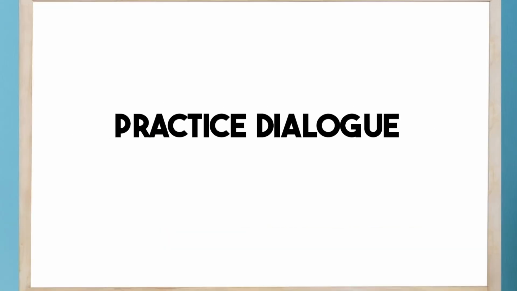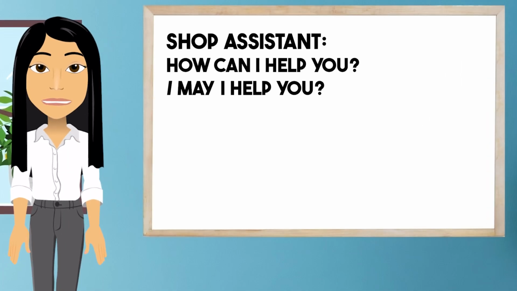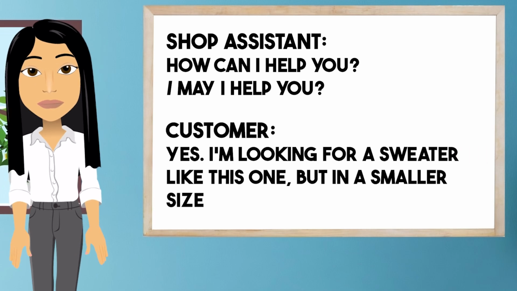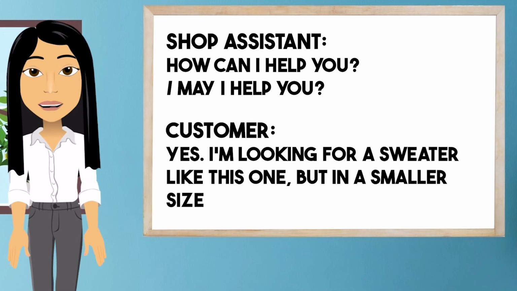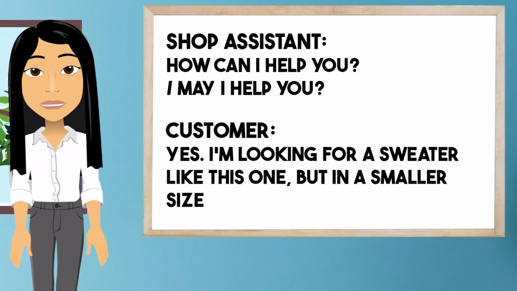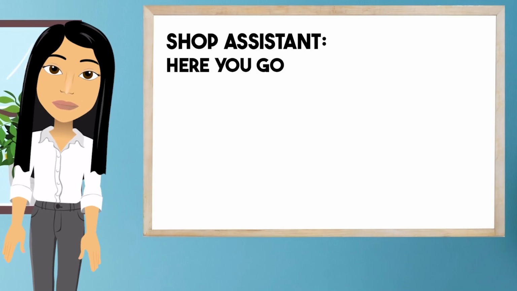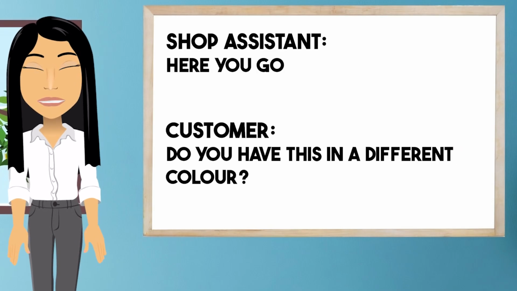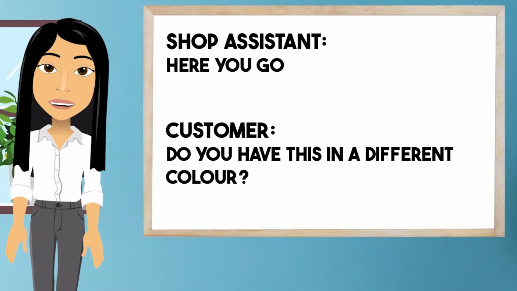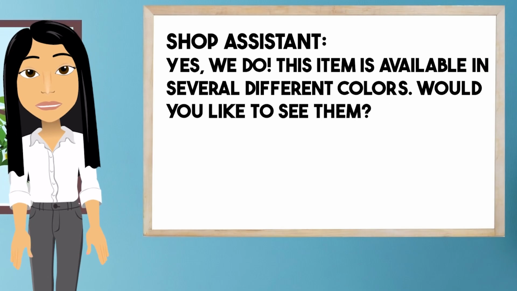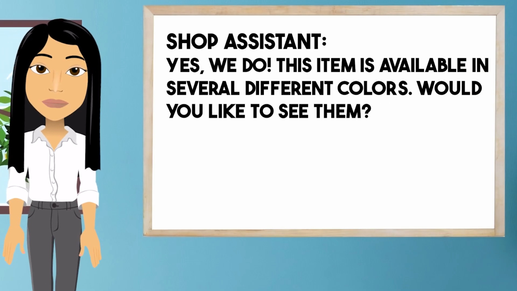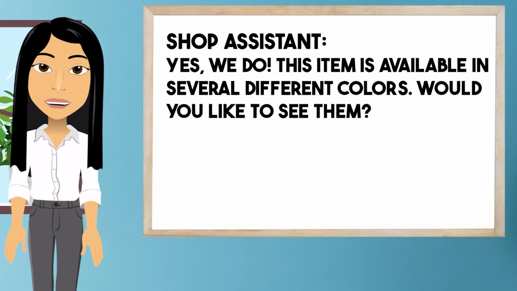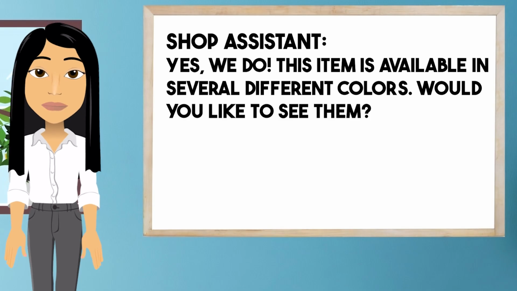Practice dialogue. Shop assistant: How can I help you? May I help you? Customer: Yes, I'm looking for a sweater like this one, but in a smaller size. Shop assistant: Here you go. Customer: Do you have this in a different color? Shop assistant: Yes, we do. This item is available in several different colors. Would you like to see them?